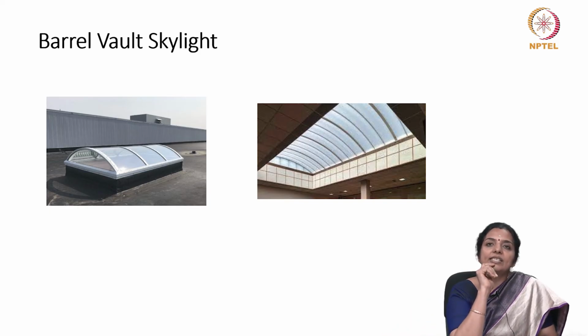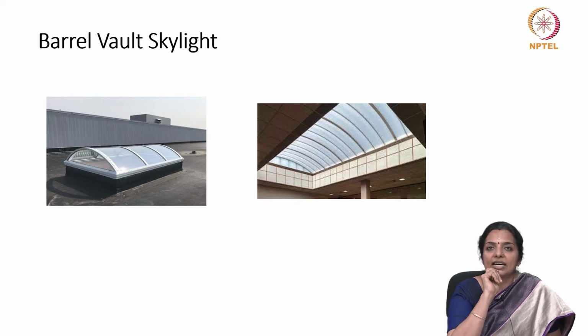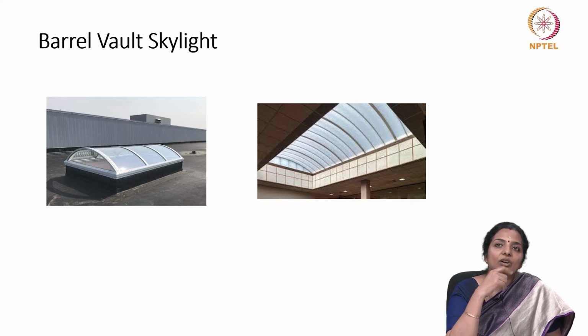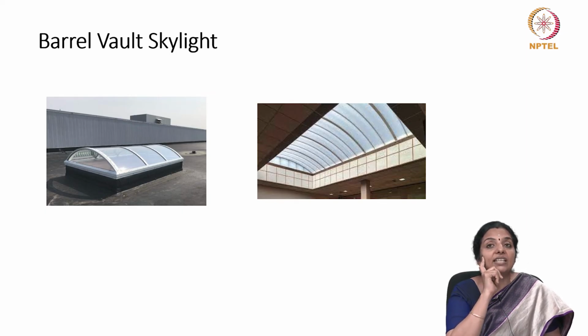And then we see the barrel vault skylights. This type of skylight is frequently used in non-residential buildings. It is rarely used in residential buildings as the area of the skylight is much more. Besides, privacy concerns are also an issue.